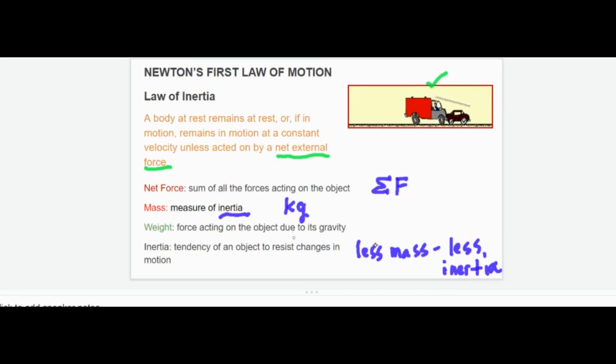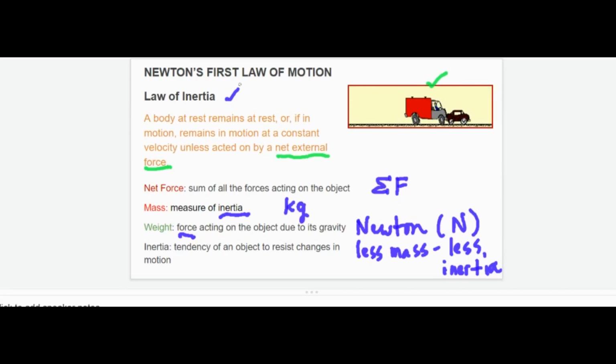And weight is a force acting on the object due to a planet's gravitational force, or due to its gravity. So we say that weight is a force. In other words, it is measured in Newtons, or simply we use the symbol N. So those are the three important things that you need to know when we talk about inertia.